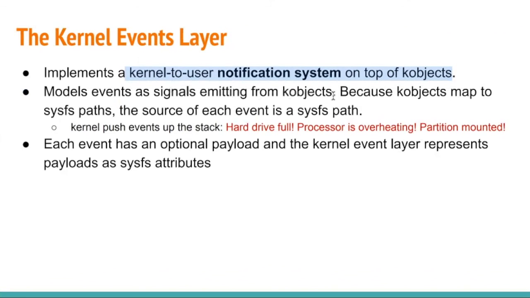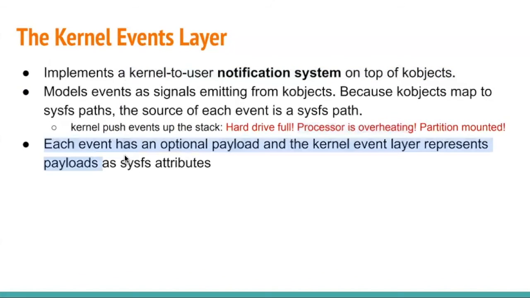For example, if our disk is totally full, the kernel can notify the user that the disk is full, or if the temperature of the processor is very high, we can also notify the user. We have different events that we can tell to the user.